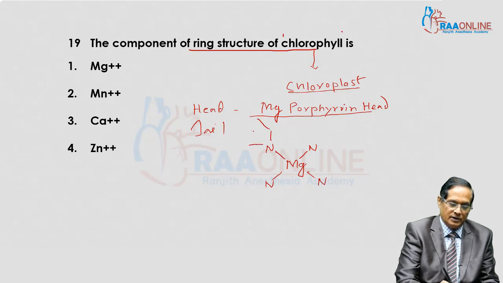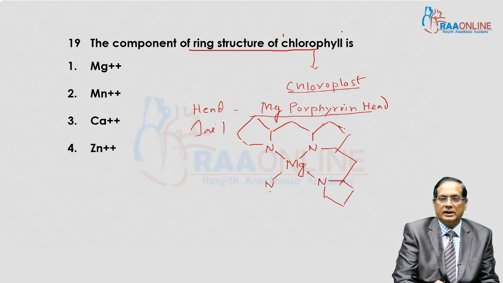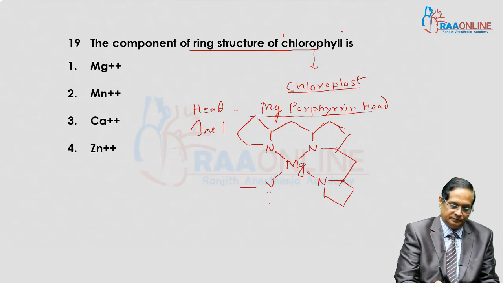This is pyrrole 1, this is pyrrole 2, and all these pyrroles are interconnected in this manner to form a ring.